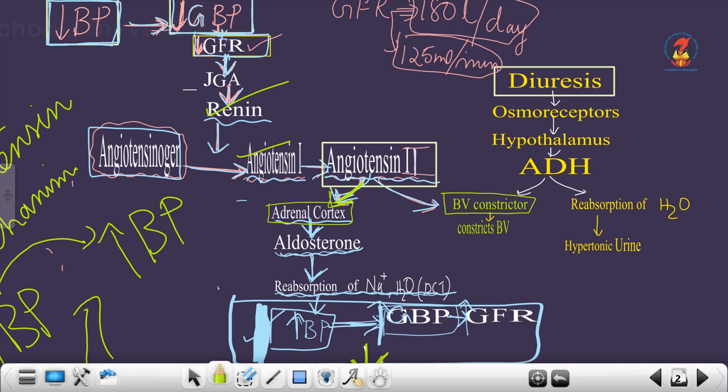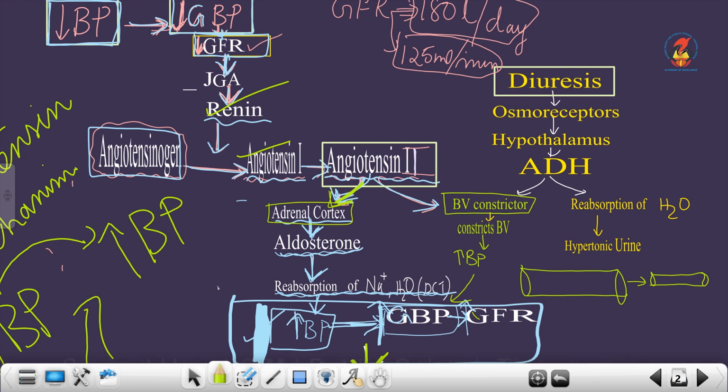Constrictor means it shrinks the blood vessel. When the blood vessel constricts, the BP increases, and as a result the glomerular blood pressure increases, which means the glomerular filtration rate increases.